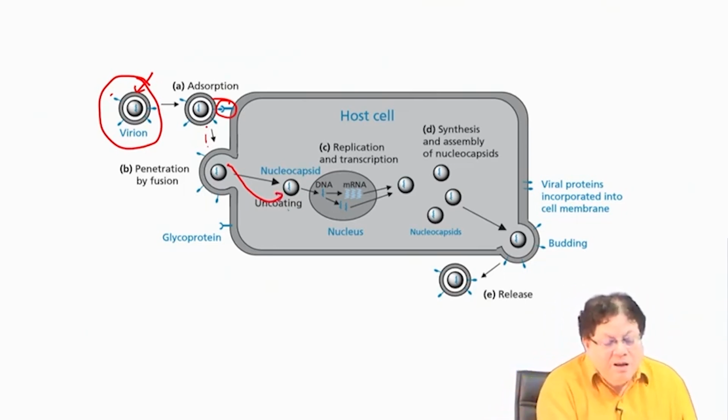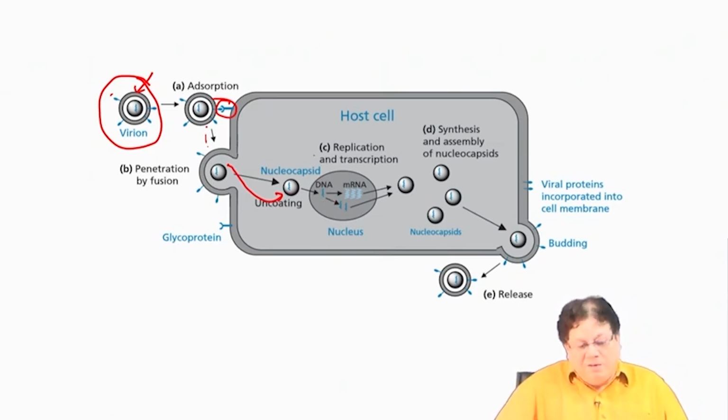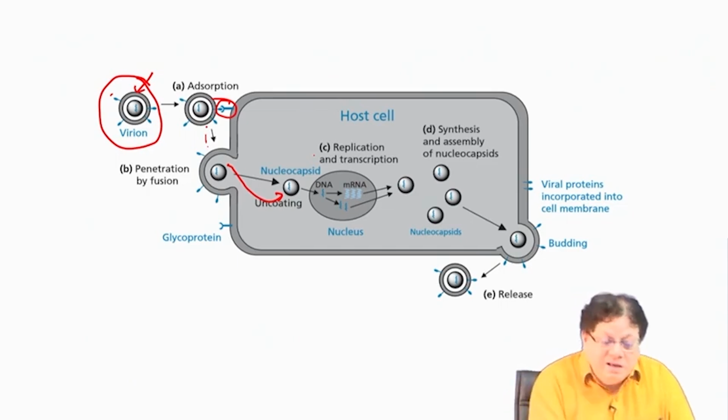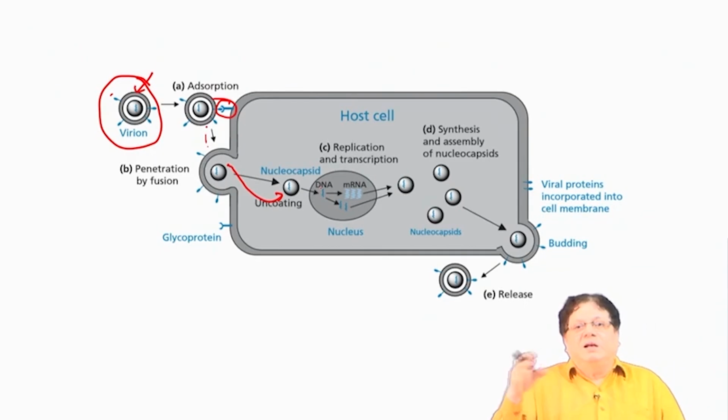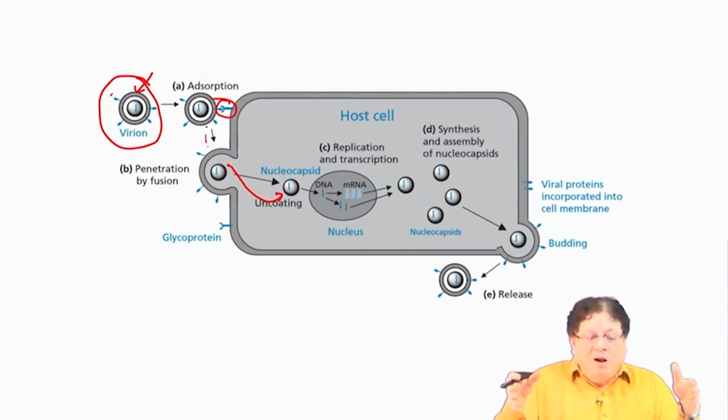And now, if it is a DNA virus, then the capsid goes off, and the DNA is injected into the nucleus of the host cell. Usually, with exceptions, this DNA can become integrated with the DNA of the host.